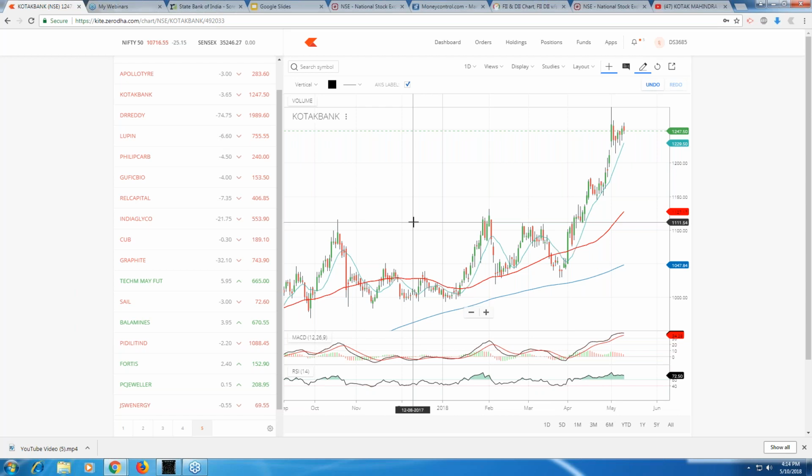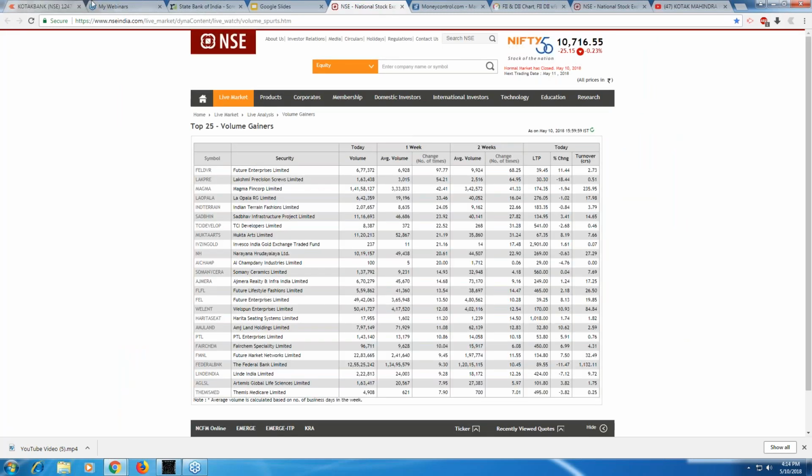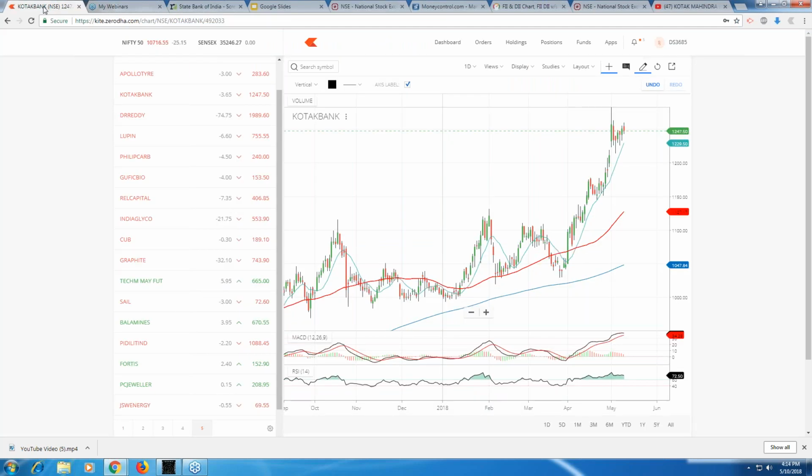So this is FII DII data, and you can go to nseindia.com and you can find out the number of stocks that have been purchased or bought and sold, right? So you will have complete data where exactly they are exiting the position and where exactly they are holding a position, right?